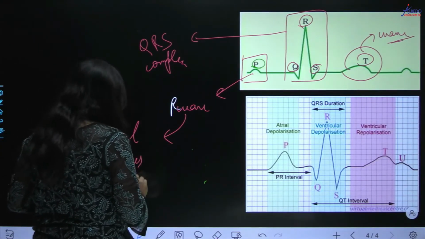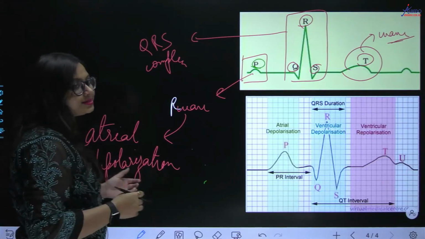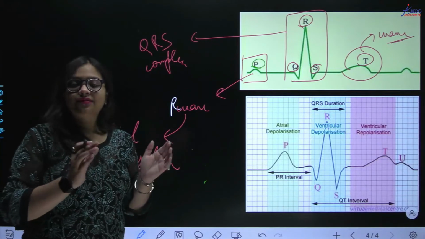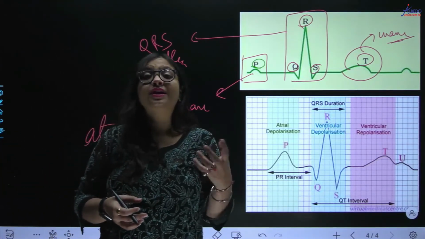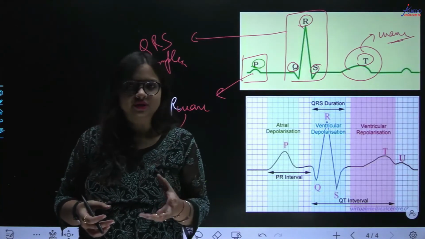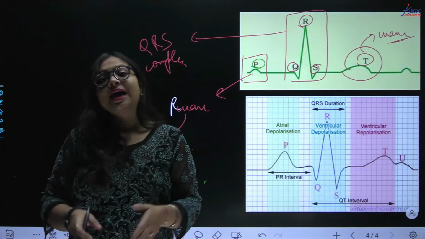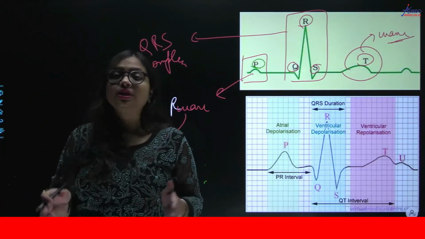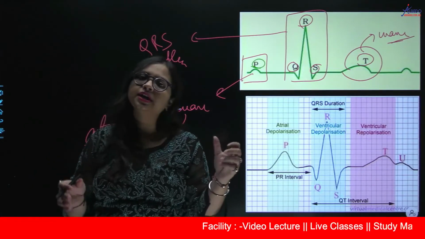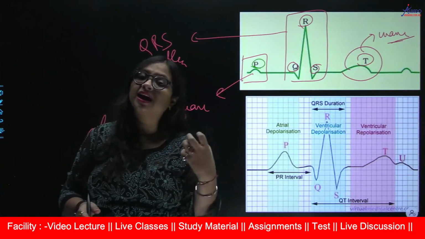Atrial depolarization. Now the meaning of polarization and depolarization you will understand better when I start your nervous system, but for now understand that whenever your SA node is generating an electric impulse, your electric signal, so that atria and ventricle contract, that is what is called as depolarization. Okay, and that depolarization will correspond to the systole of heart, because whenever the signal will be generated, your heart will contract, and whenever the signal will not be generated, your heart will relax.